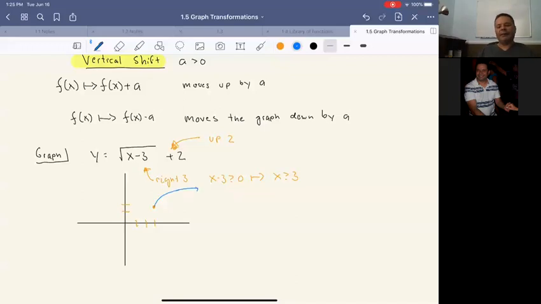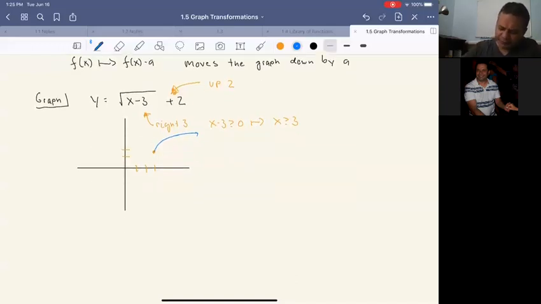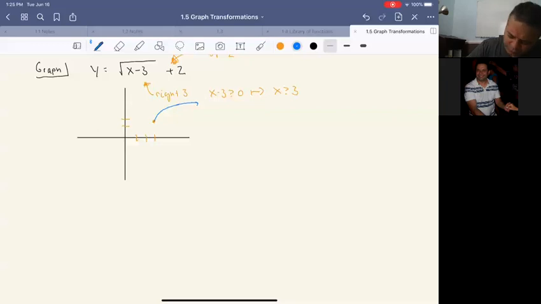Okay? MyLabs Plus actually has that tool where you will just click on the square root function, and then it'll ask you how to shift it. Okay? Take a look at another. Let's graph.